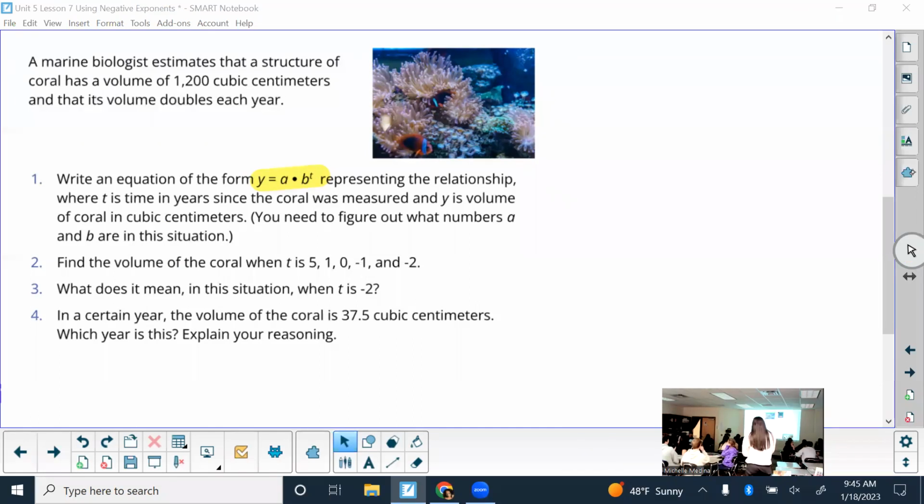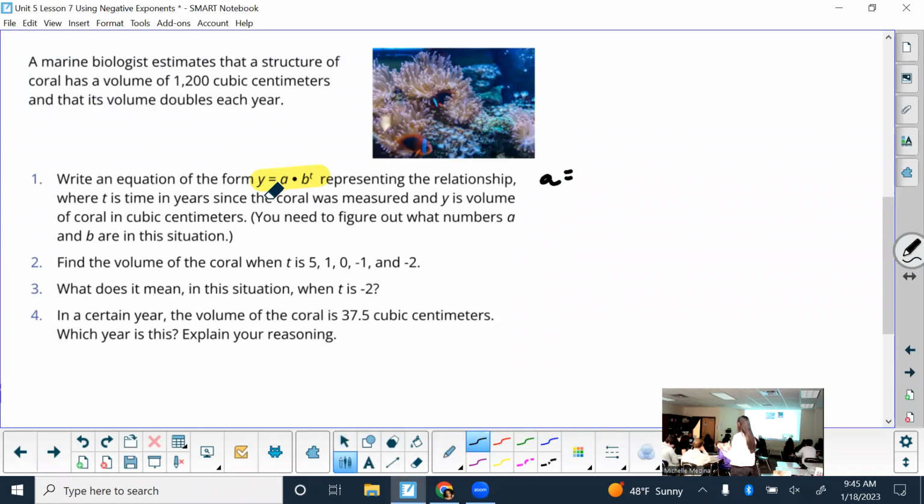So table 8, just tell me what the A represents in the equation. So just what it represents. You don't have to tell me the exact value right now.